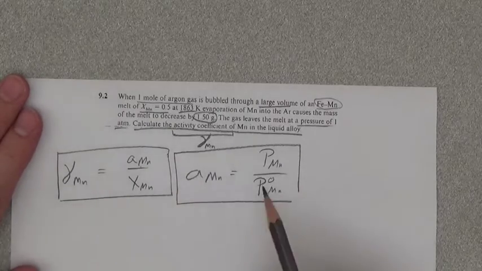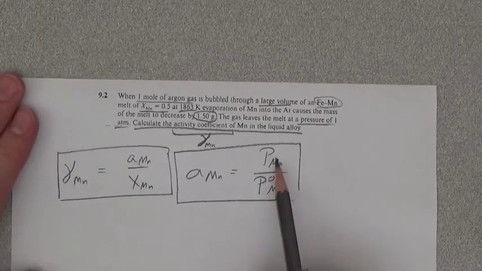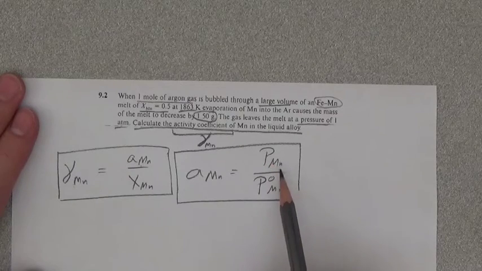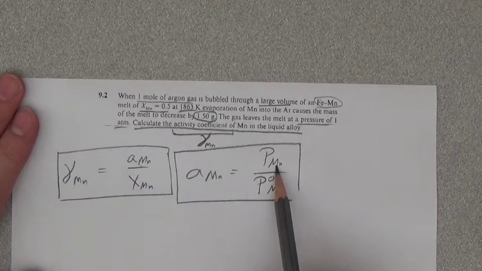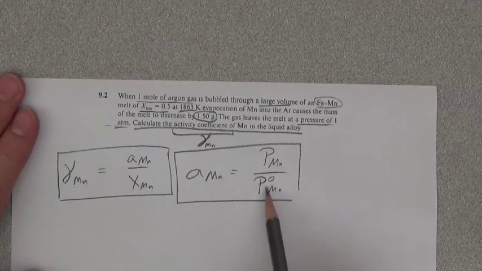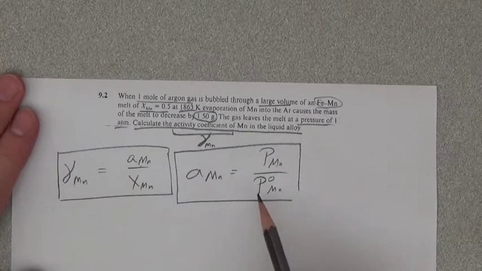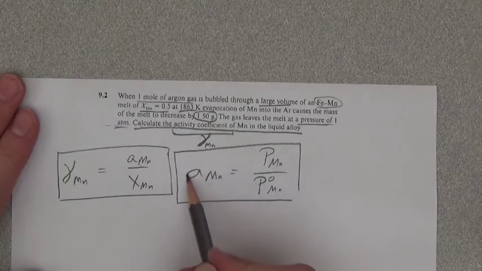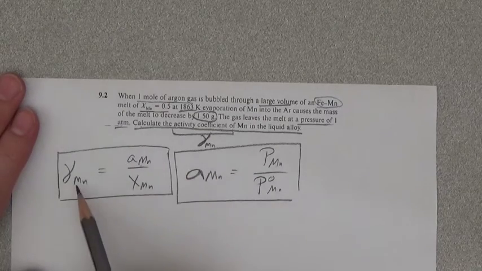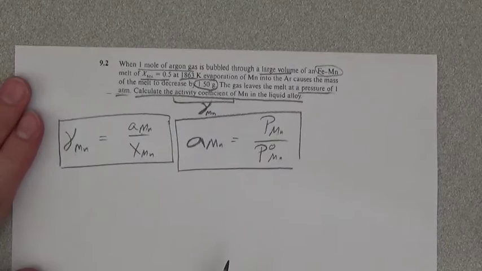So these are both liquids. We have a liquid mixture, and we're asking what is the partial pressure of manganese over that liquid mixture, and this is the partial pressure of manganese over liquid pure manganese, and that's our activity, which then gives us the activity coefficient.